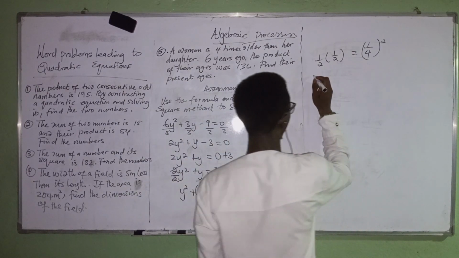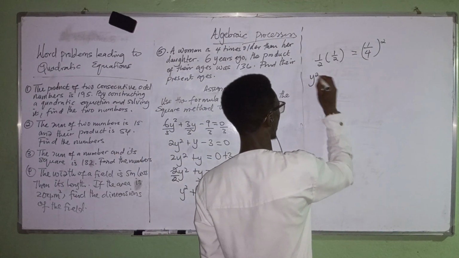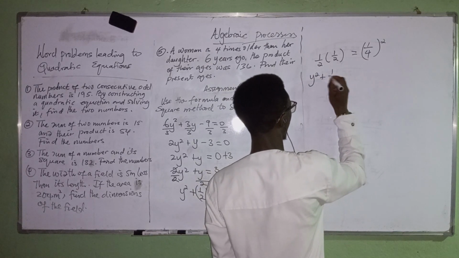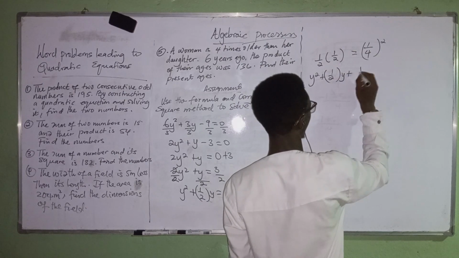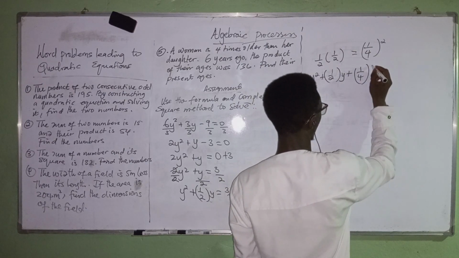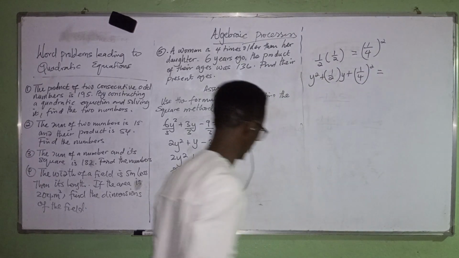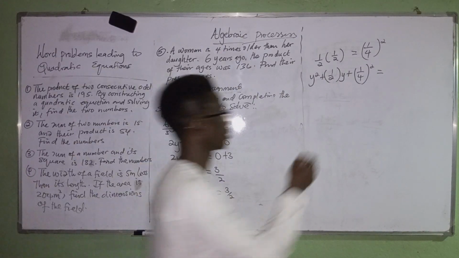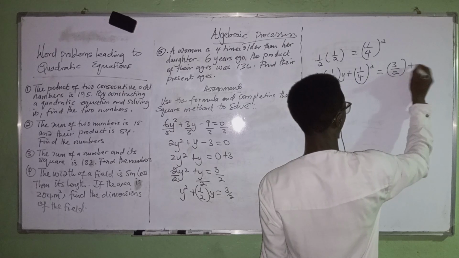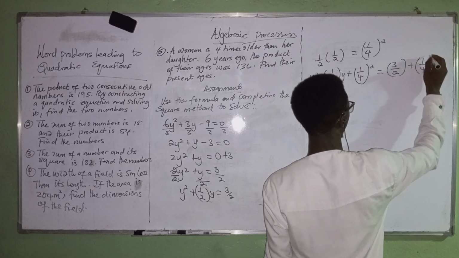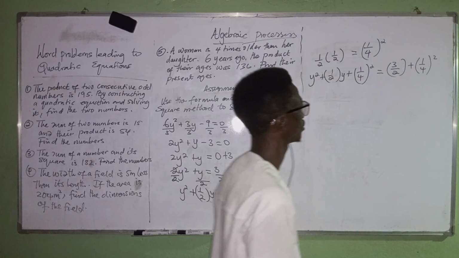So we have y squared plus half y, then we add 1 over 4 all squared, equals, on the right hand side, 3 over 2 plus 1 over 4 all squared.